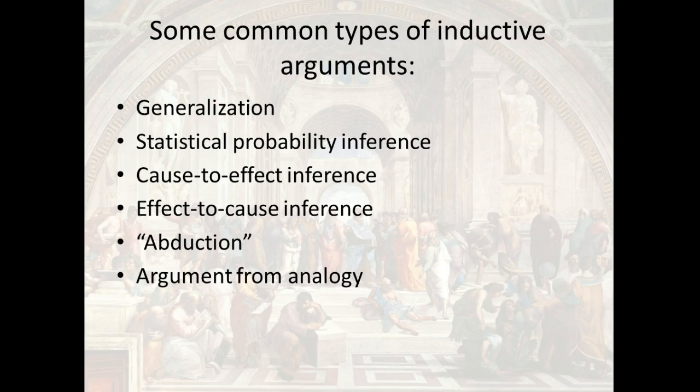Observing that object A or situation S, so observing a thing, has properties W, X, Y, and Z, and that object B or situation T, a different object or situation, has properties W, X, and Y, we conclude that object B, or situation T, also has property Z. So if we see one thing and it has A, B, C, and D, and we see another thing and it has A, B, and C, we can conclude that it's also going to have D.